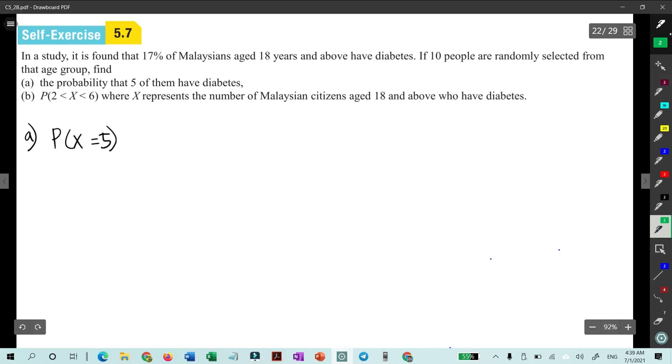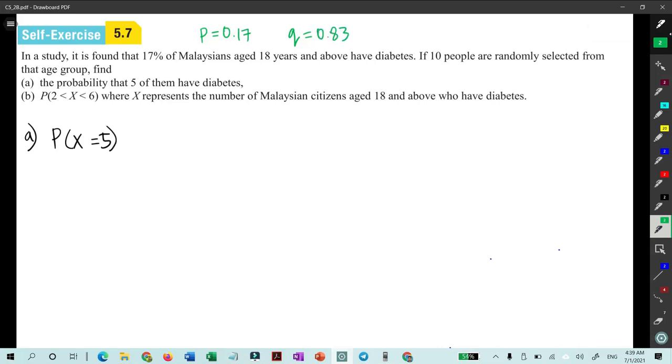Based on the information given, the probability of success, a person with diabetes, is 17%, which is 0.17. So therefore the value of q is going to be 1 minus 0.17, which is 0.83.